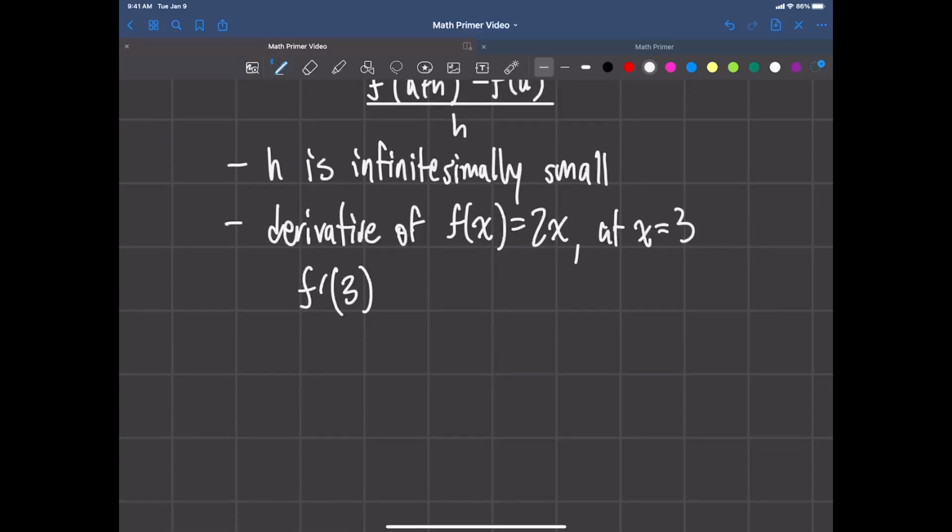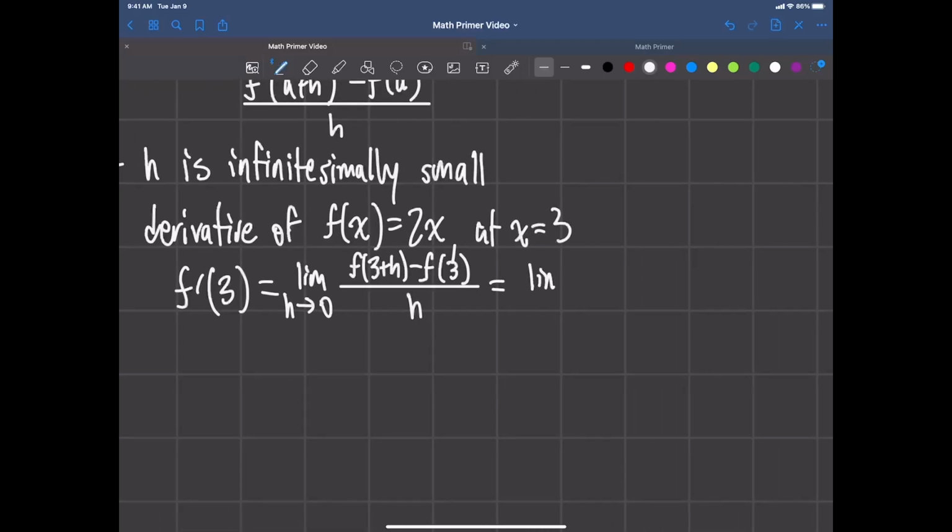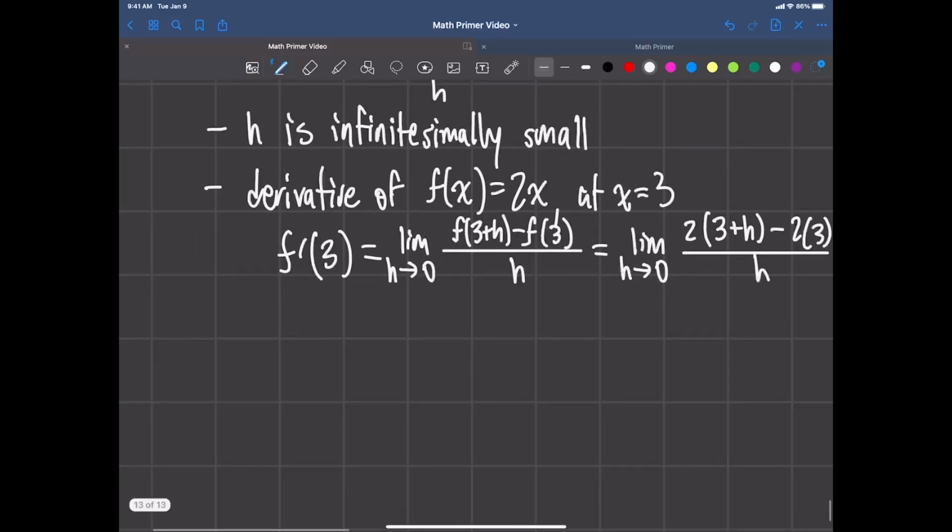So f prime at 3 is equal to the limit as h approaches 0 of f of 3 plus h minus f of 3 over h, which is equal to 2 times 3 plus h minus 2 times 3 over h, because f of x is equal to 2x.